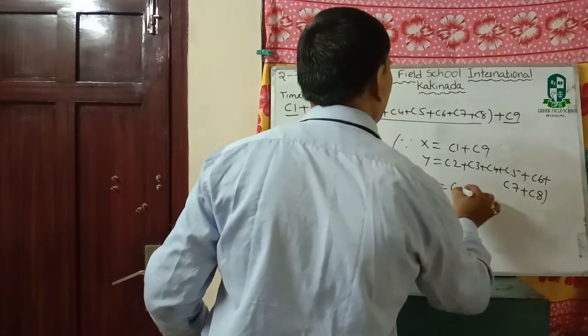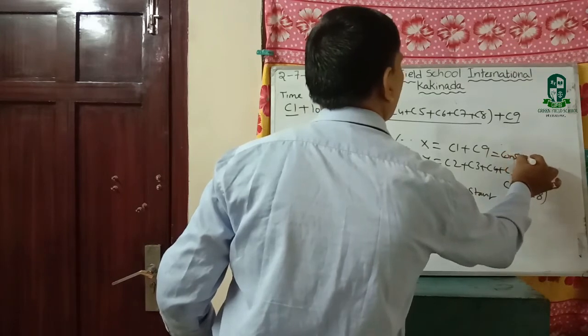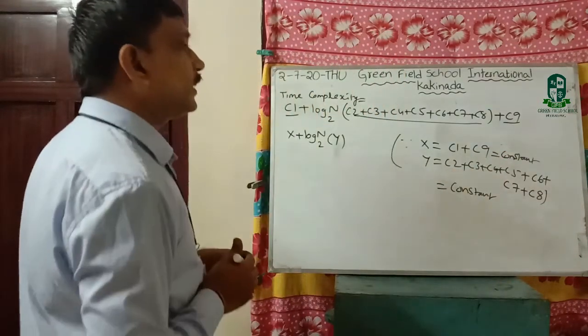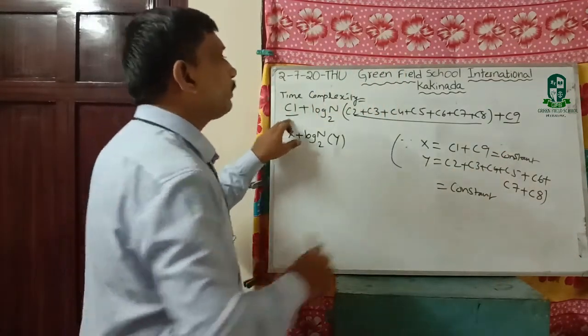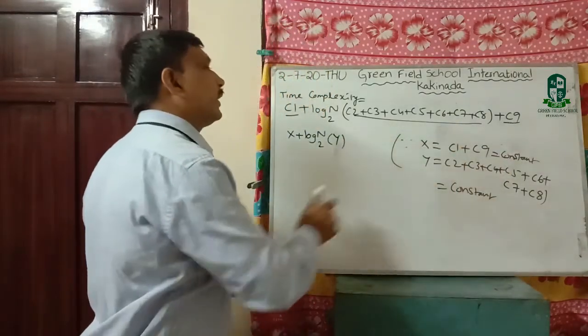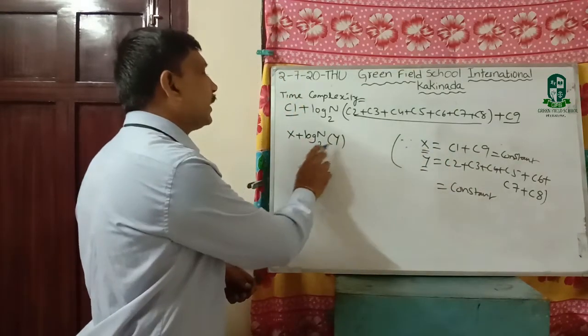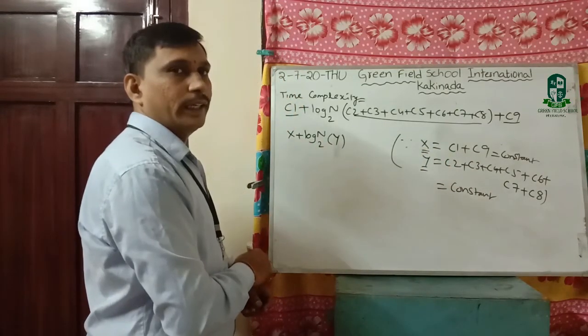So C1 plus C9 is a constant, and this one is also a constant. So x and y are two constants: x plus log n to the base 2 into y.